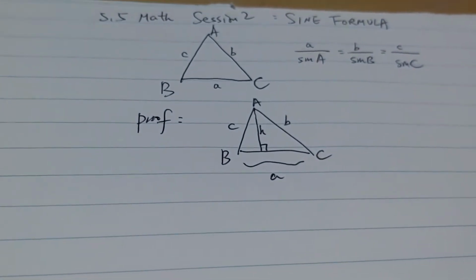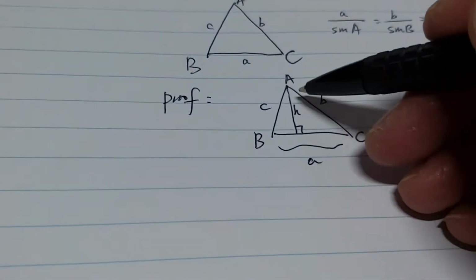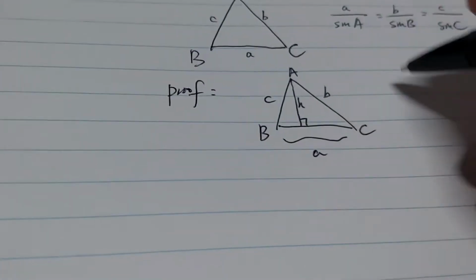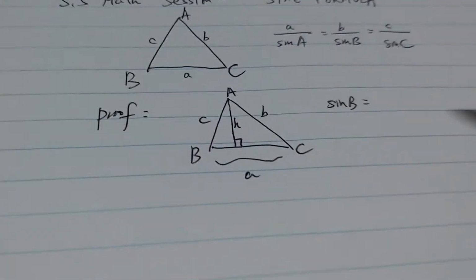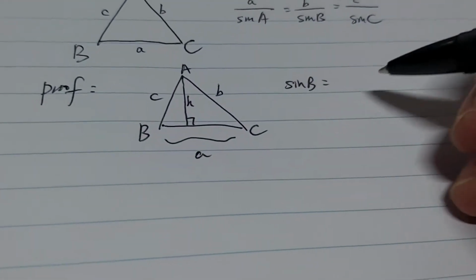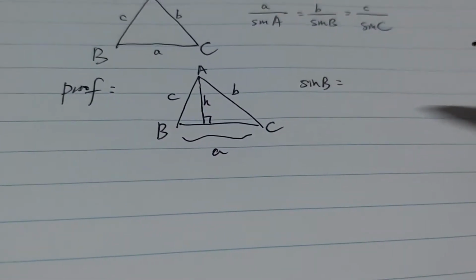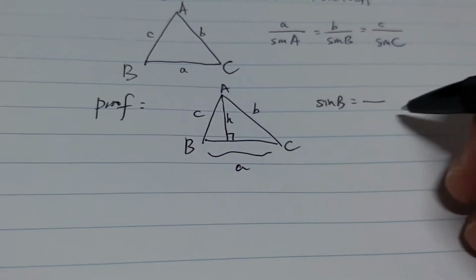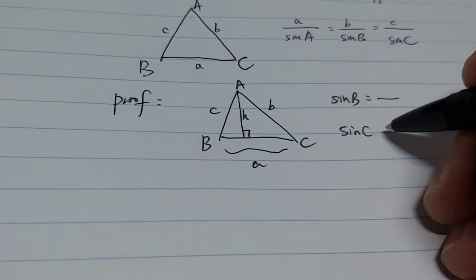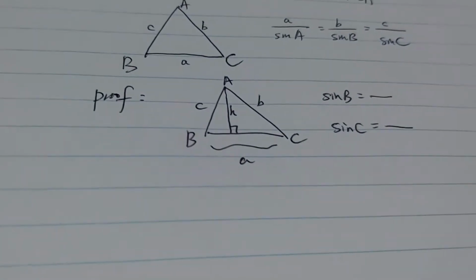We let the altitude from A to BC be H. Okay, we can write sine B, isn't it? Can you write it by yourself? Also, what is sine C?